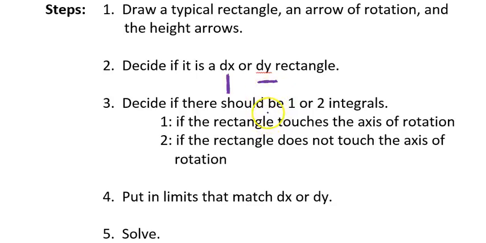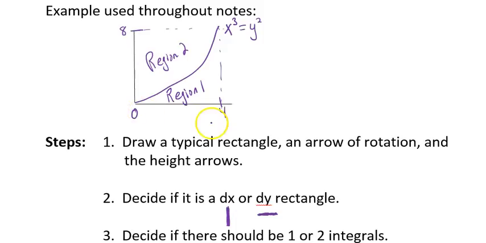Then you're going to decide if you need to write one or two integrals. You're going to write one if the rectangle that we drew touches the axis of rotation, the axis we're going to rotate around. We're going to write two if it does not touch that axis of rotation. Then we're going to put limits that match dx or dy. So if we have a dx rectangle, in our case, because our x-axis went from 0 to 4, our limits will be 0 to 4.